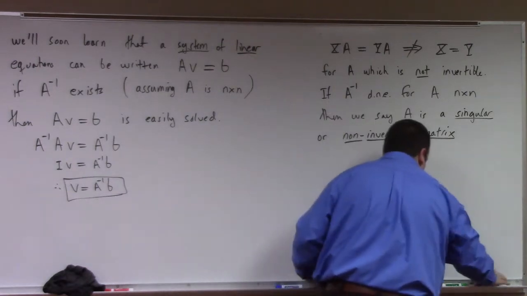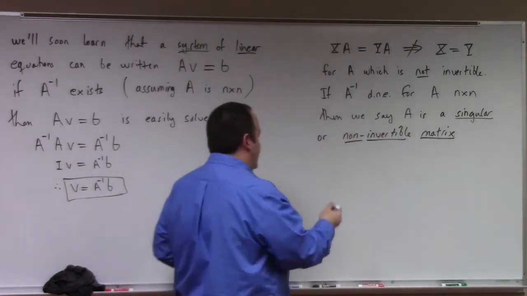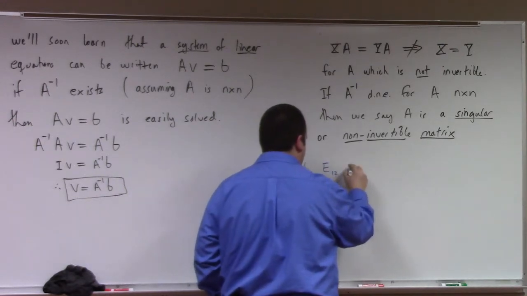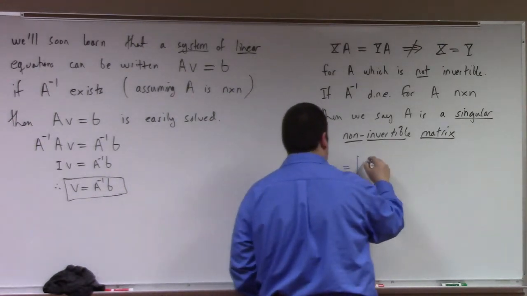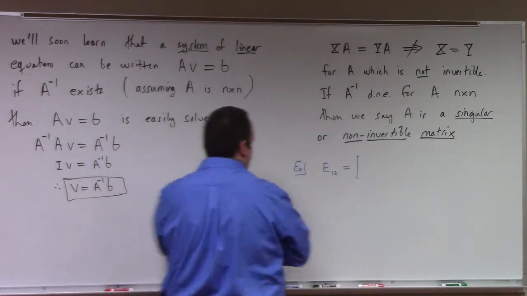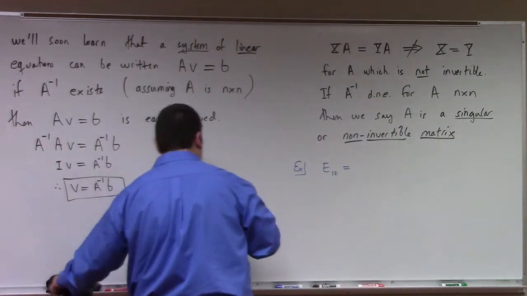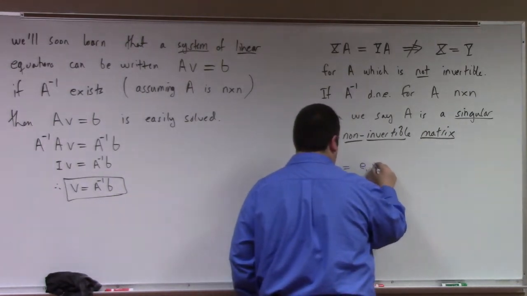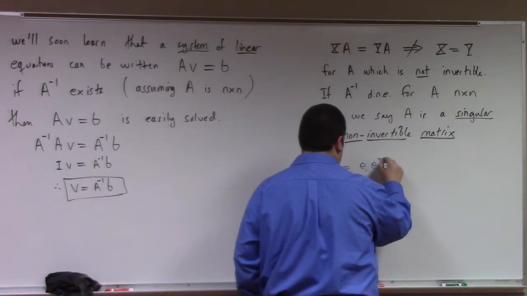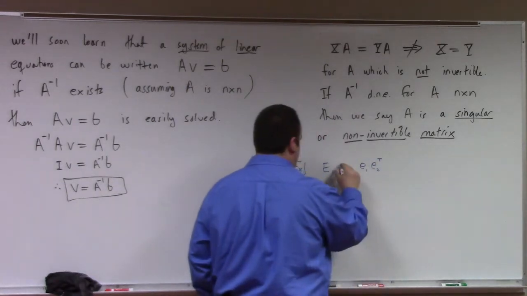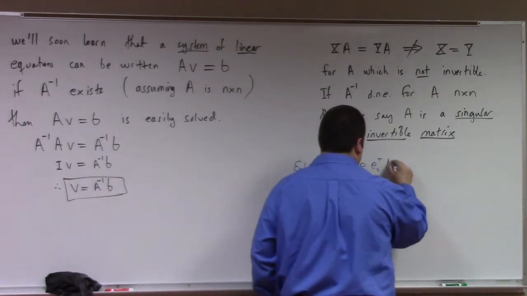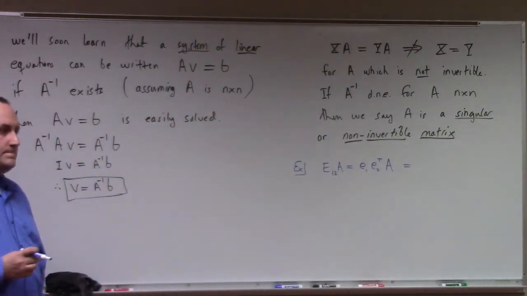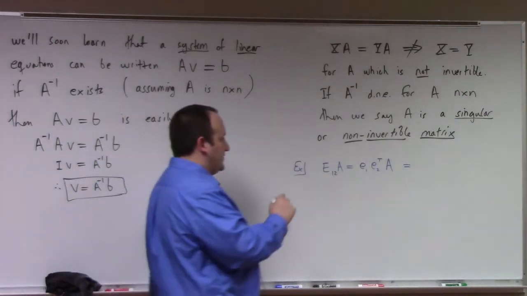Here, how about this? What happens if we look at something like E12? What's that? Oh, I'm being dumb. So E12 is E1, E2 transpose, A. If I do this E12 times A, what's this equal to? What's E2 transpose A?